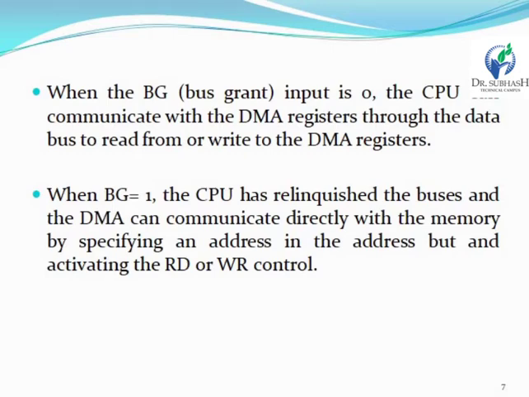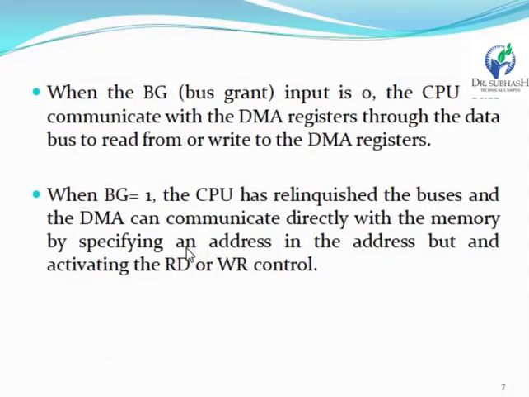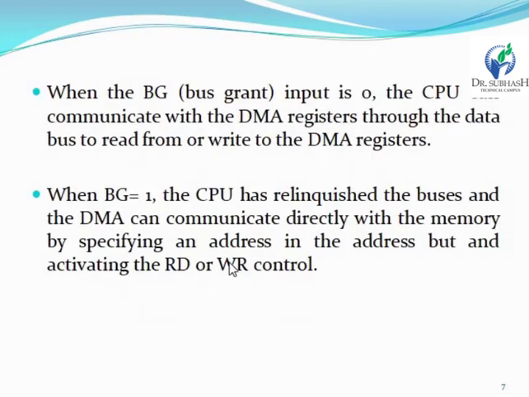When BG equals 1, the CPU relinquishes the bus and the DMA can communicate directly with memory by specifying an address and activating RD or WR.